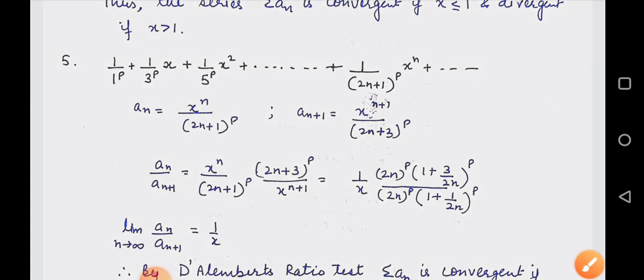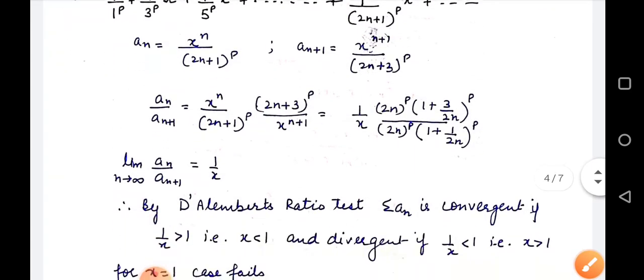So by D'Alembert ratio test, summation an is convergent if 1 by x is greater than 1, that is x is less than 1, and divergent if 1 by x is less than 1, that is if x is greater than 1. Let us now check what happens when x is equal to 1. When x is equal to 1, the D'Alembert ratio test fails.